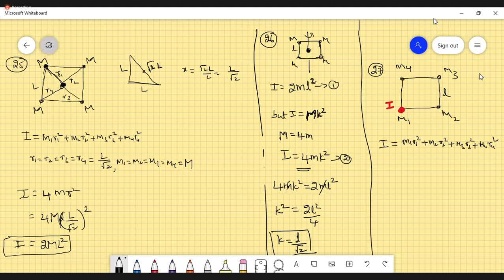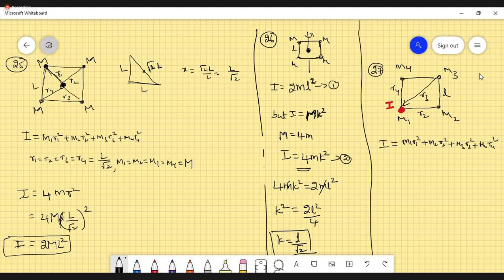This distance is r2, this distance is r3, this distance is r4, and this is r1.